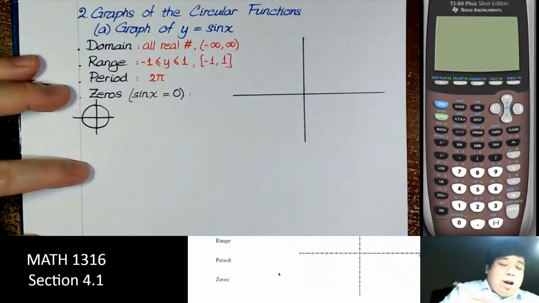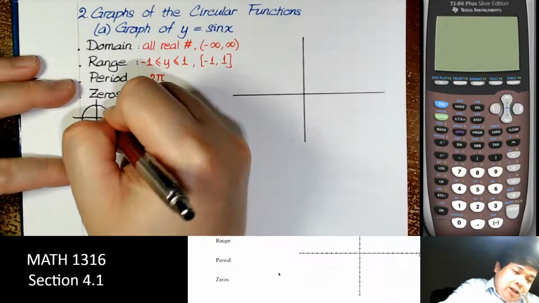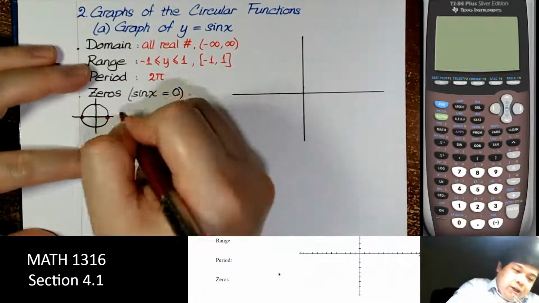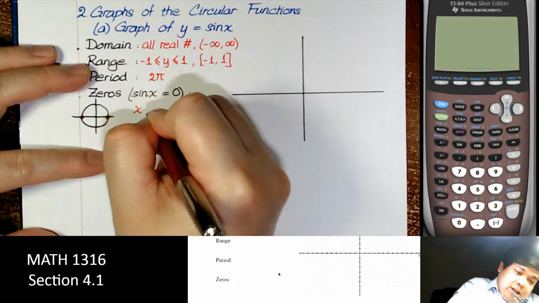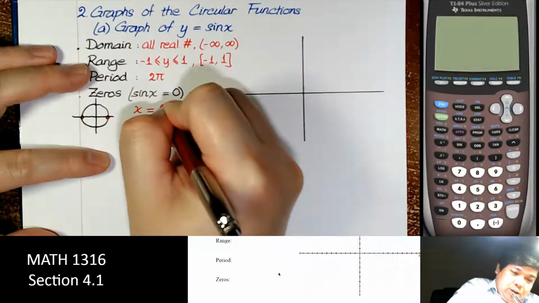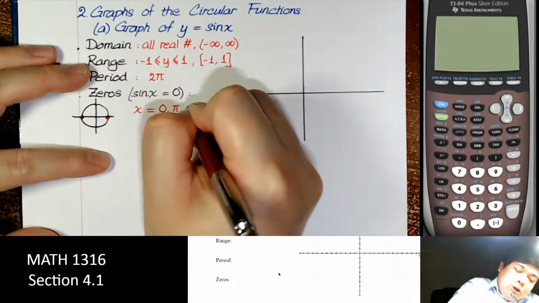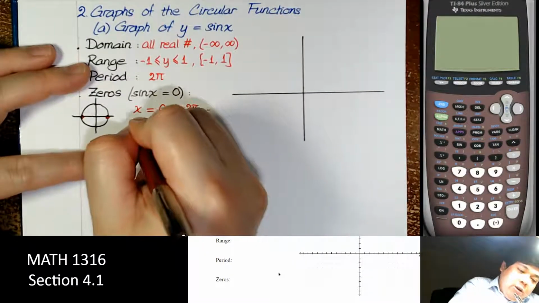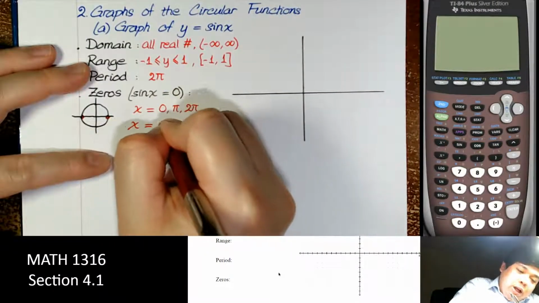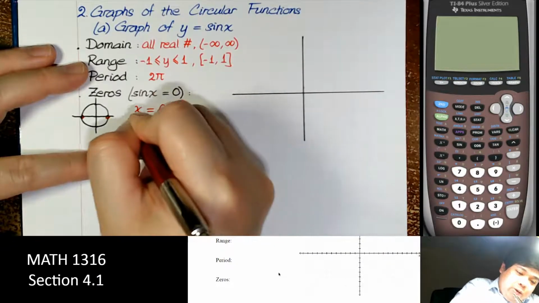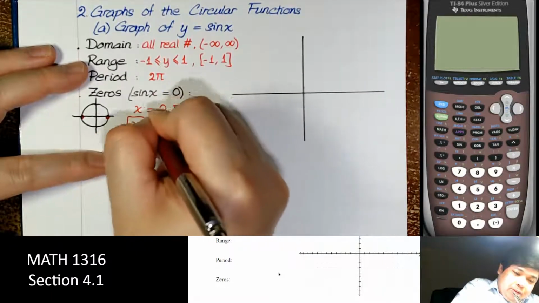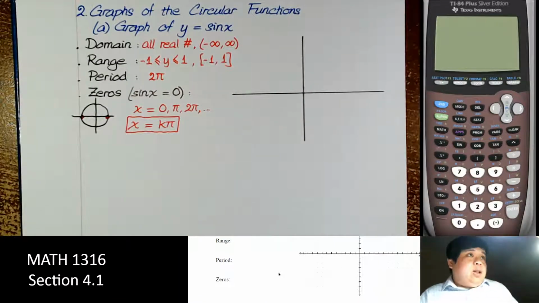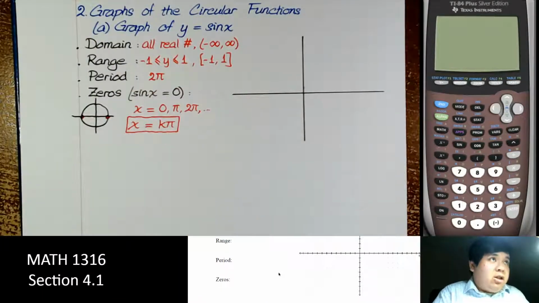Talking about the y values, here and here will be equal to 0. So we say x equal to 0, pi, 2 pi also, or -pi. So in general, we have x equal to k pi. That's for the zeros. Right. So that's what we have about the sine function.